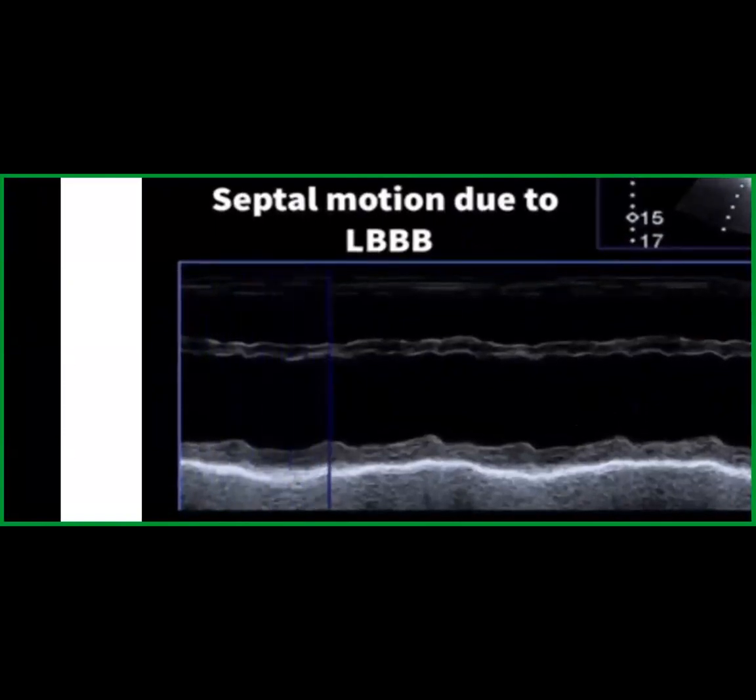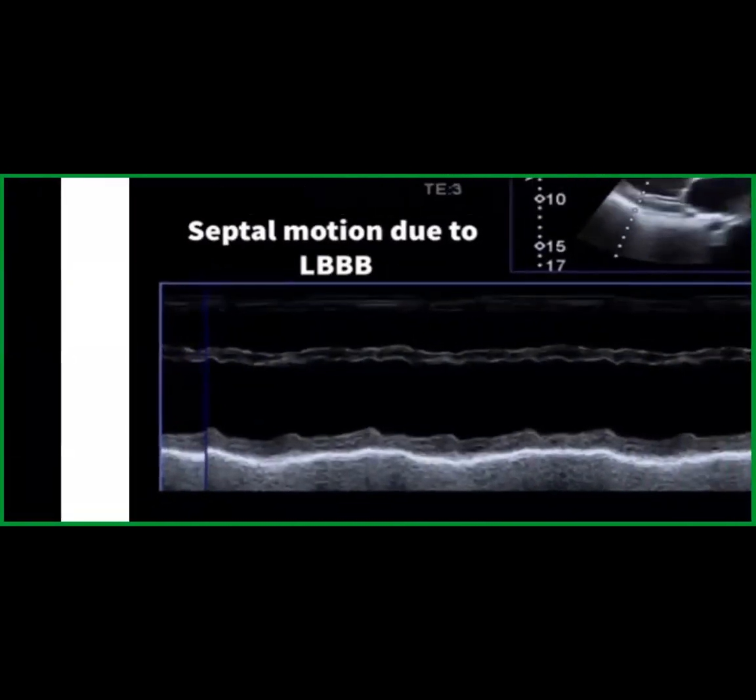I'm sure all of us are able to see, as the blue line is moving from left to right here, that there is beaking at the top, which is pointing towards the direction of left bundle branch block under echo circumstances.